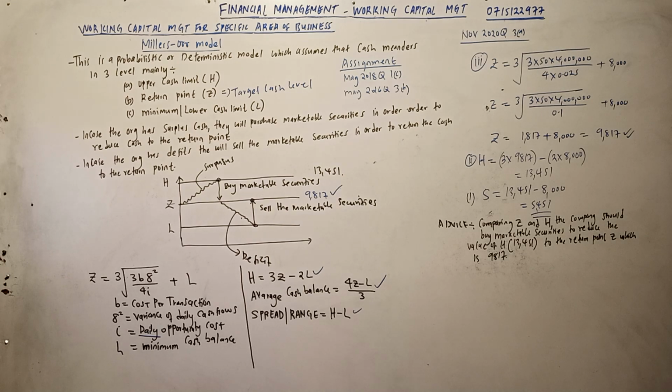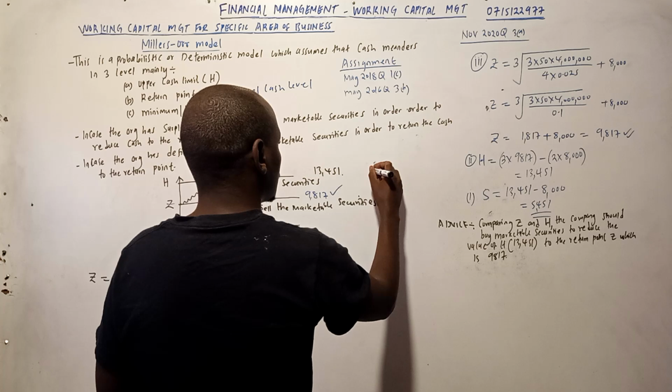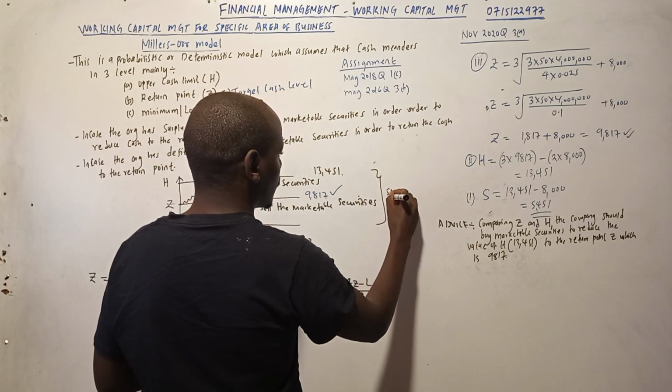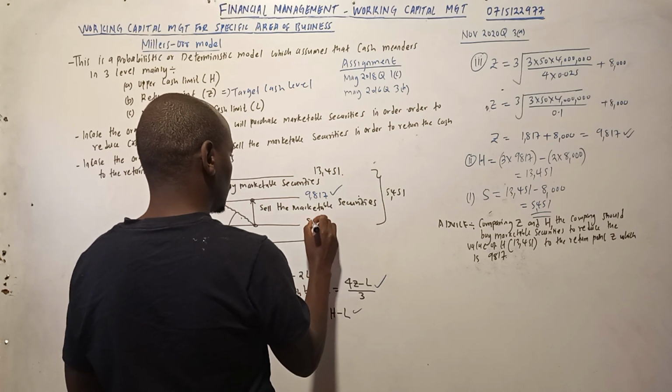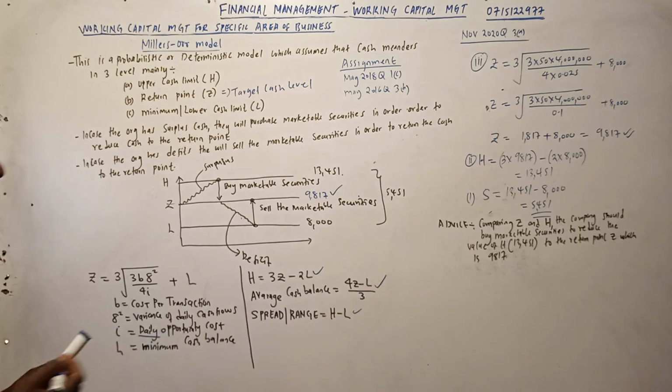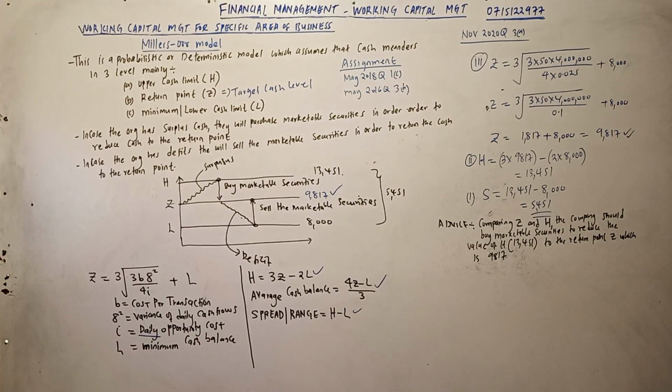Then they also told us 1 and 3. So 1 is the spread, from here to here, which is 5,451. So this means here is 8,000. I don't think that one has advice. That is the spread between the minimum and the maximum.